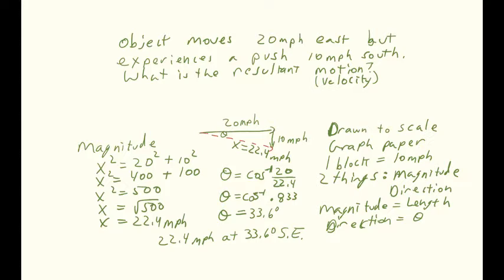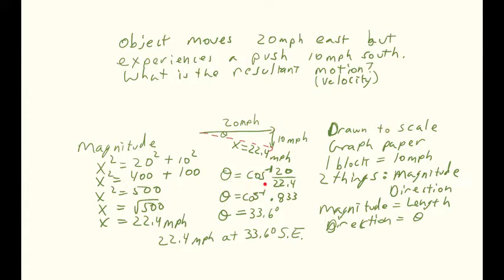To find the length, I would just use Pythagoras. X squared equals 20 squared plus 10 squared. X squared equals 400 plus 100, so x squared equals 500. X equals the square root of 500, so x is 22.4 miles per hour. Now find the angle. There are several ways.